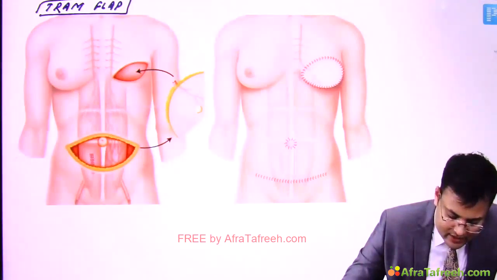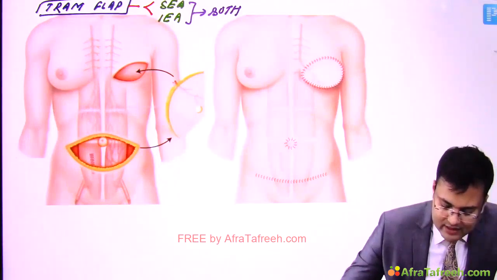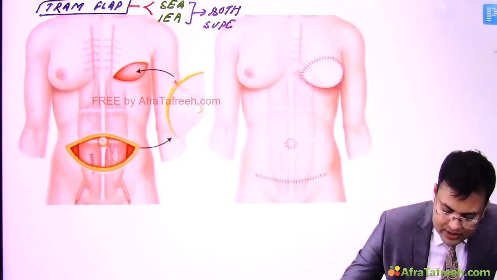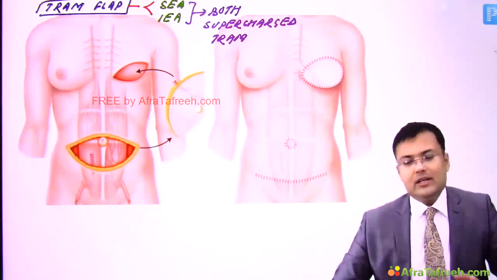So generally it can be based on superior epigastric artery or inferior epigastric artery, and if it is based on both vessels, it is known as supercharged TRAM. Okay, now what is done in this case?